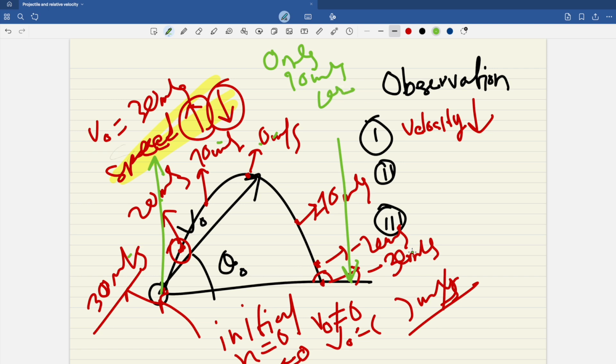Again, it's similar to these data, but on the other side, and the acceleration is downwards. So you see that the speed is increasing at a certain point of time, and the speed is decreasing at a certain point of time.